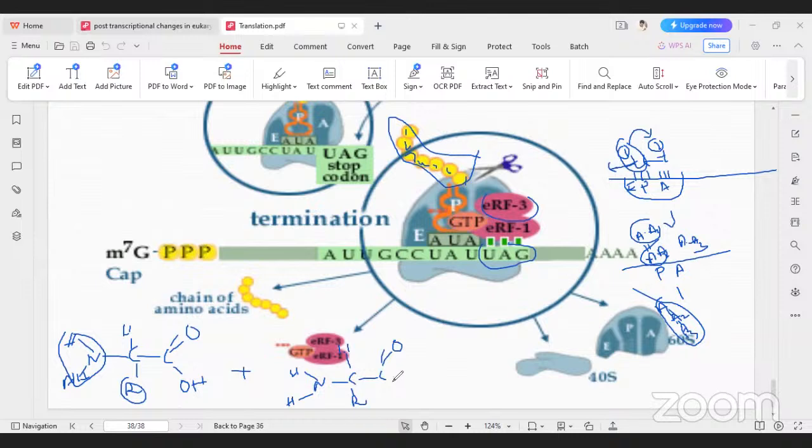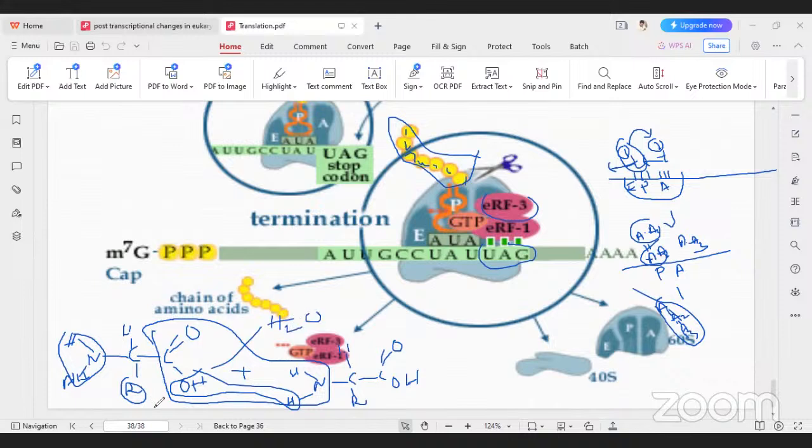The bond formation is between the carboxylic group of the first amino acid and the amino group of the second amino acid. From the carboxyl group one hydroxyl, and from the amino group one hydrogen, is lost in the form of a water molecule. Now the bond is formed.